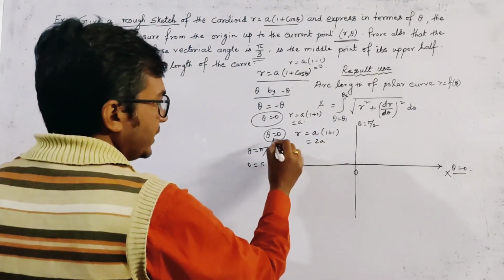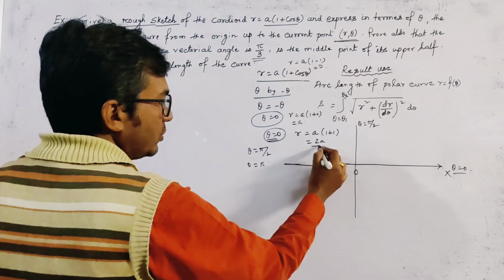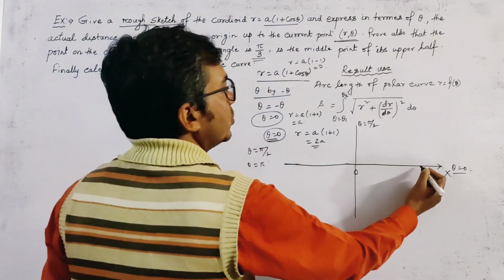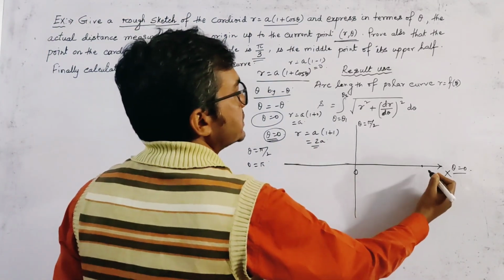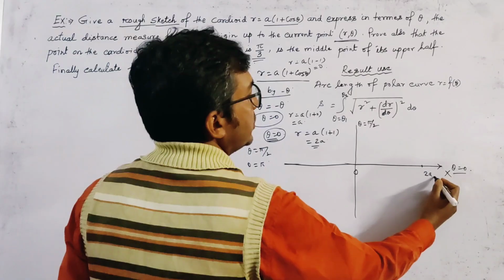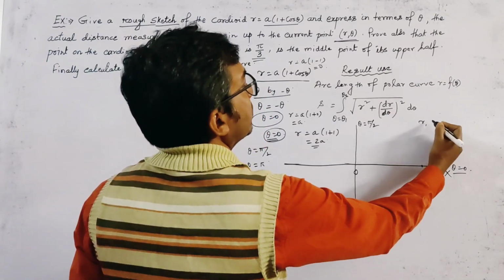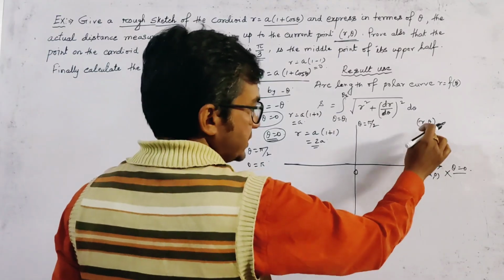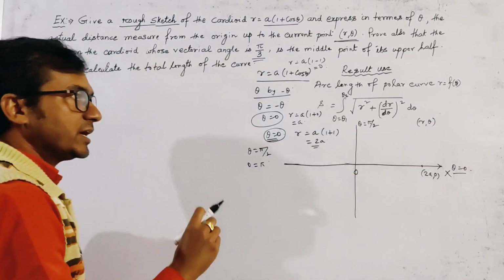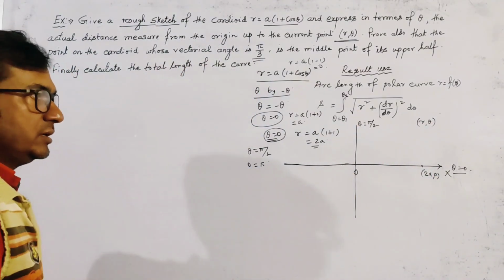The first point is theta equal to 0, r equal to 2a, so this point is (2a, 0), because in polar coordinates the coordinate is (r, theta): the first is the radius vector and the second is the vectorial angle.